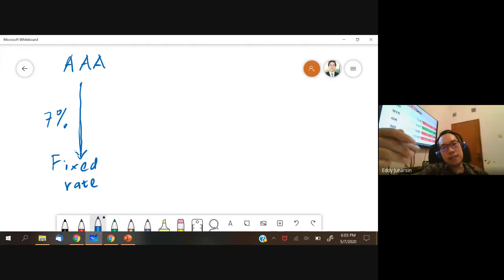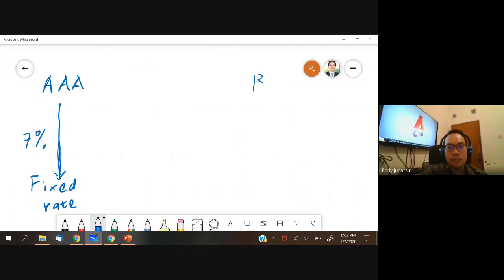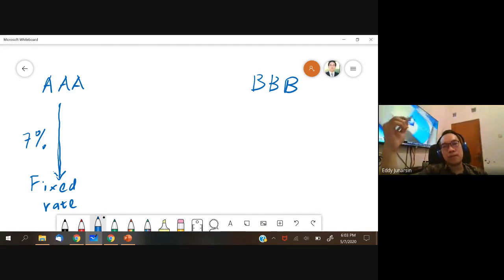However, because we want to find mutual benefits for both firms, the fixed rate debt is transferred to the triple B firm. So essentially, the triple A firm is telling the triple B firm, okay, now I have issued the fixed rate debt, please pay for it.